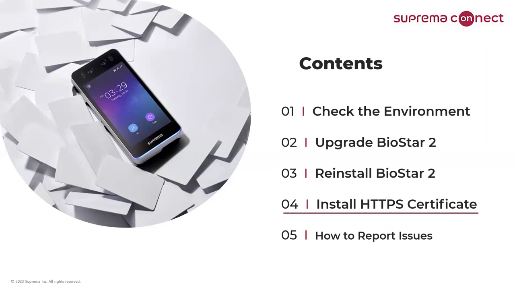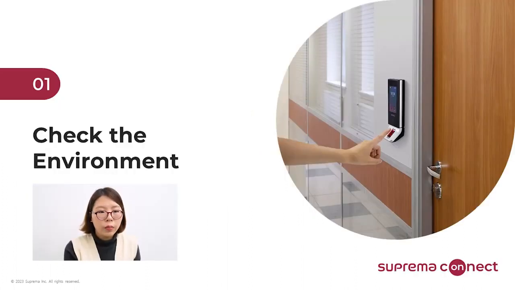In the fourth part, we'll explain how and what you need to install an HTTPS certificate. Lastly, we would like to guide you on how to report an issue to Suprema so that you can receive support quickly. So, let's start the first part.